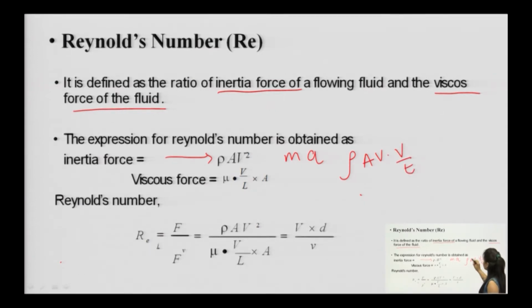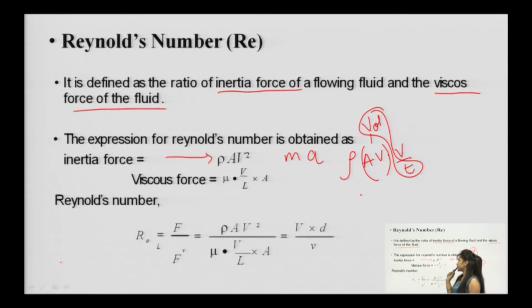So, this one we have done. Density into volume is mass, then acceleration is velocity by time. So, we are dividing this volume by this time, and this volume by time will be nothing but Q, resulting to AV, and then again you are getting it as rho A V square.